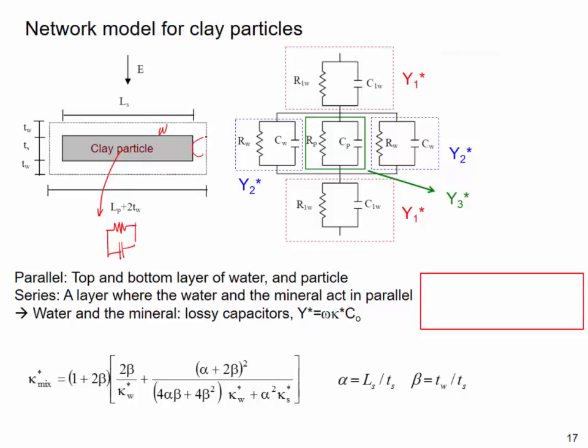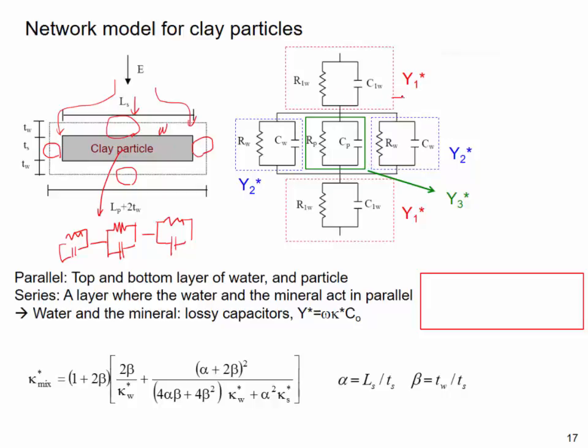And here, the electric field will apply to the water part, right? And here, another water and capacitor, right? And there's another water layer at the top and bottom. So you can simulate this clay water mixture with these 5 elements.